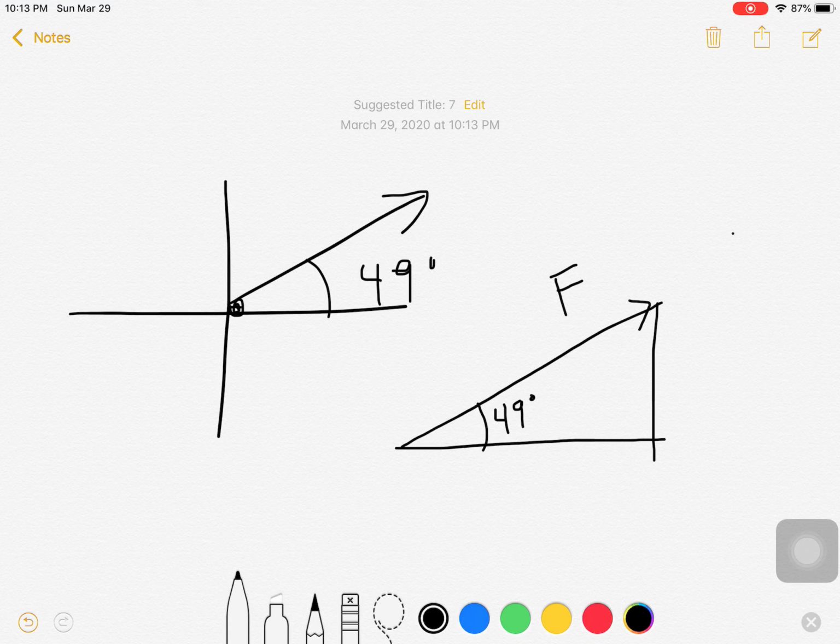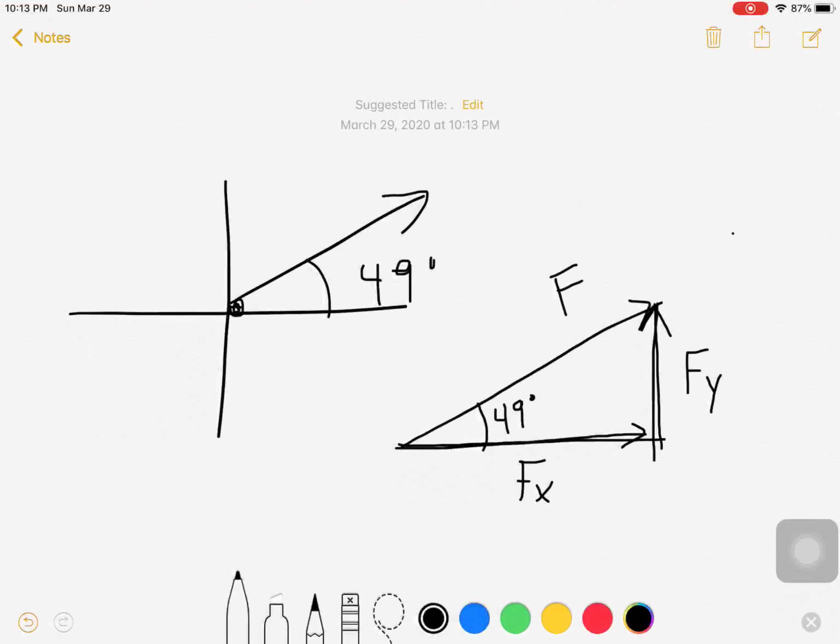But that force can actually be broken down into an x part and a y part. So we actually could say that this is the x part of the force, and that this is the y part of the force. And the way we designate that is as I've done here with the subscripts for x and y. So we say the force is F, our force's x component is F sub x. So we can see those two things.